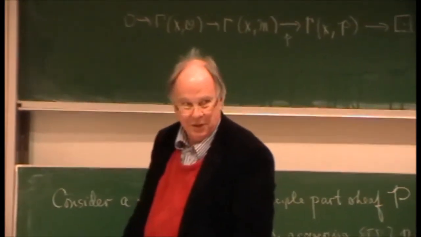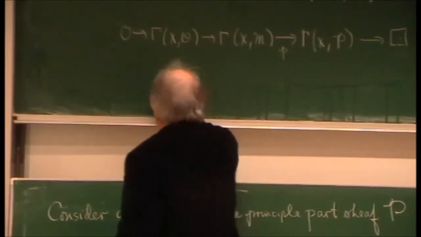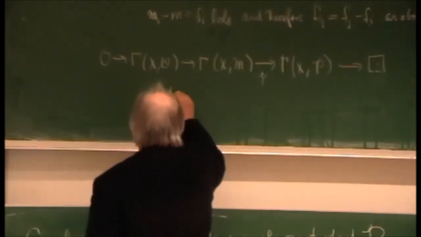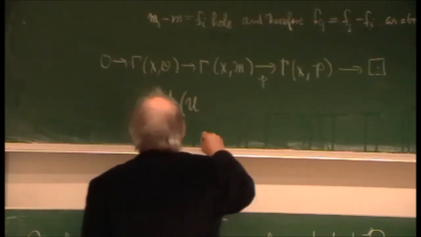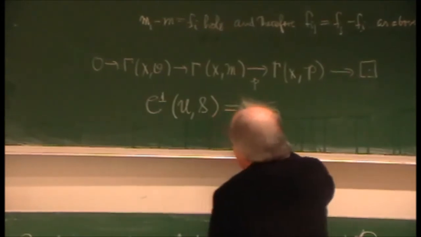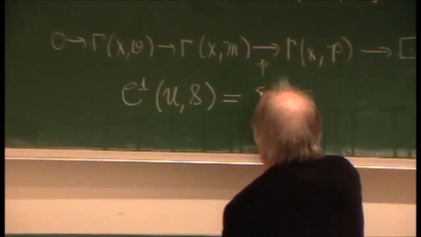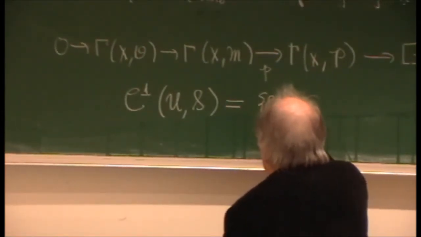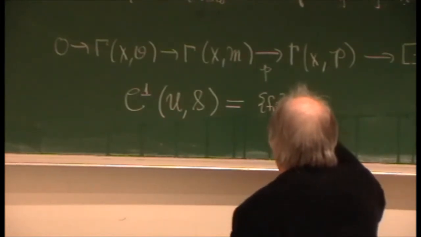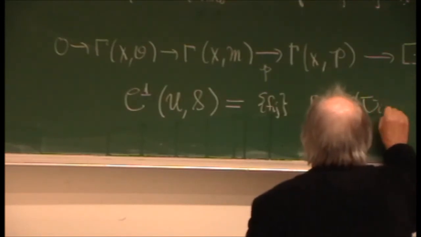So this is the beginning of the end of a big cohomology theory. For example, we want to define the one cochains for a covering, say for a sheaf S, to be the set of Fij, so I call them F here because of those blocks, where Fij are sections on Ui intersect Uj.